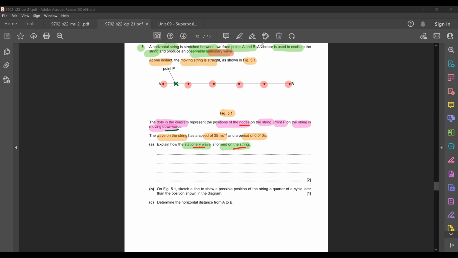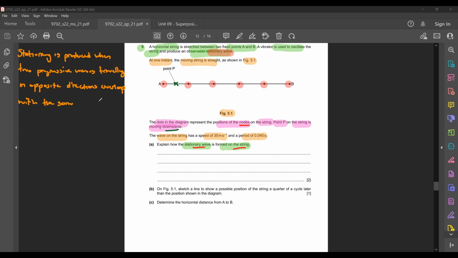Now, if you recall how stationary wave is formed, generally they will tell you that stationary wave is produced when two progressive waves traveling in opposite directions overlap with the same speed and frequency.